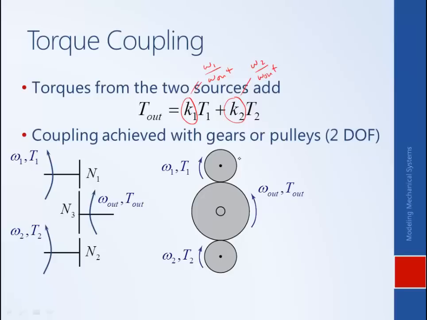And so the fact that both gears are pushing on the output gear, you can get some sort of feel for the fact that the torques are going to add. And so that's why this is called a torque coupling device.